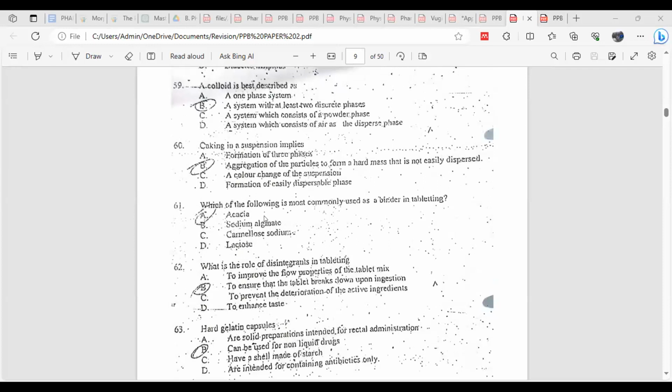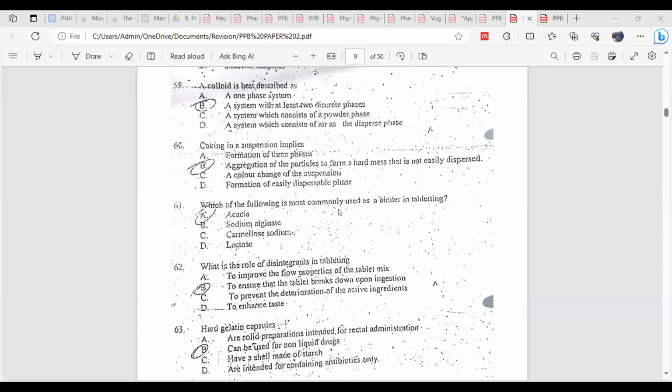Which of the following is the most commonly used as a binder in tableting? Acacia, sodium alginate, carmellose sodium, lactose. I think it's what Spiderman talked about in pharmacognosy. That is acacia, acacia gum.